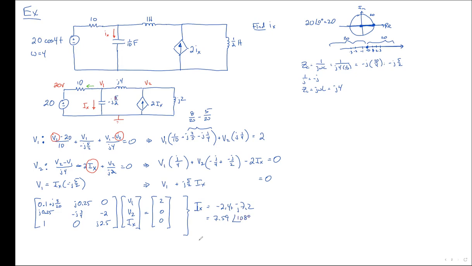And somebody tell me, what is the last step to find the answer to our question? Convert back into the time domain. Absolutely, don't forget that. So 7.59 cosine of 4t plus 108, and that would be all in amps. And that's the answer to our question.